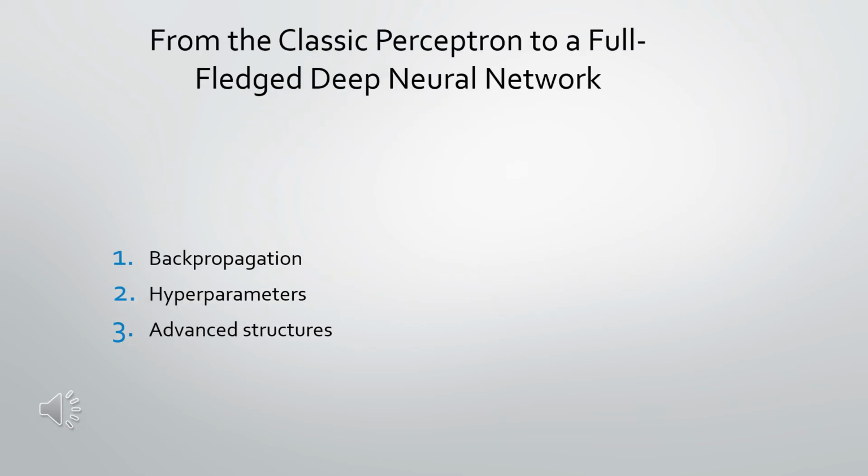Next part, we have from the classical perceptron to a full-fledged deep neural network. Although multi-layer perceptrons, that is MLP, and neural networks are essentially the same thing, you need to add new ingredients before an MLP becomes a full neural network. These are: number one, backpropagation. The backpropagation algorithm allows you to perform a backward pass, which helps tune the weights of the inputs.